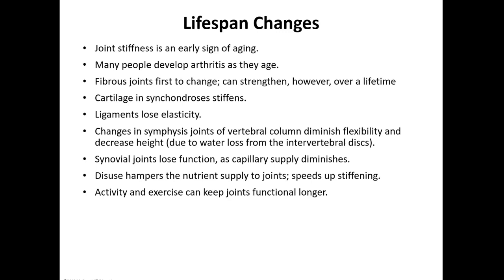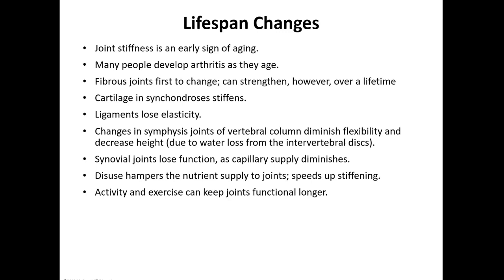So they pick up the fluid, and that fluid has nutrients that keep the cartilage cells alive. But when we don't do that, the cartilage cells are not getting the nutrients. So what's going to happen to them over time? They're going to stiffen and then die. And when they die, they wear off, and then bones start touching each other. That's what they call osteoarthritis, wear and tear arthritis.